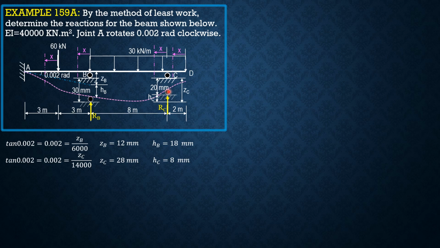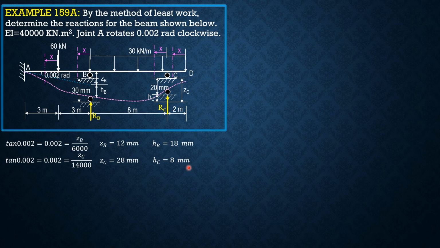Since this is the final position, and we assume that R sub C is upward, and H sub C is 8 mm also in the direction upward, therefore H sub C, 8 mm, is treated positive, or delta C is positive.